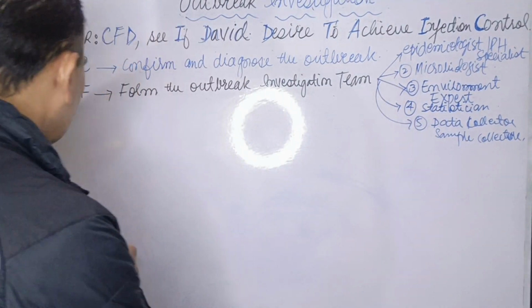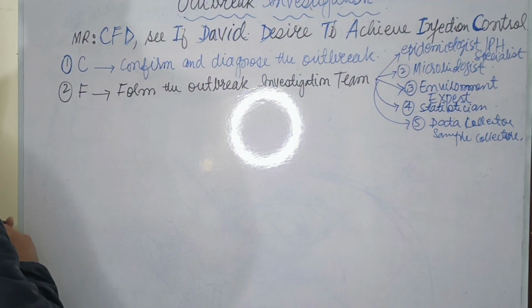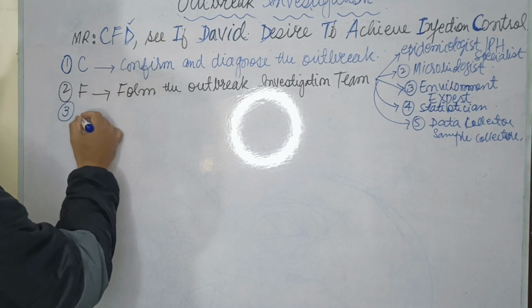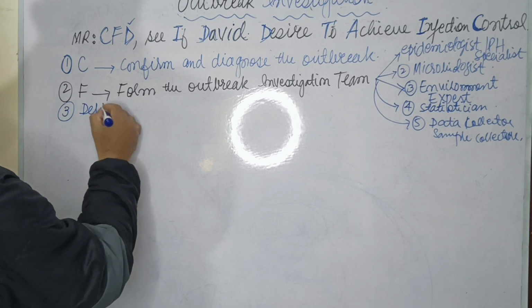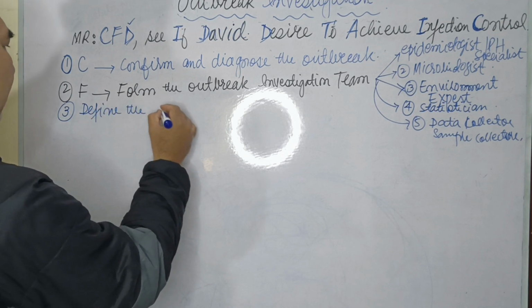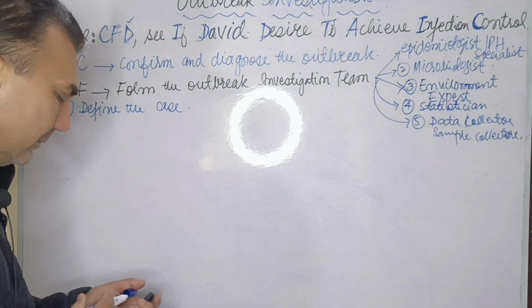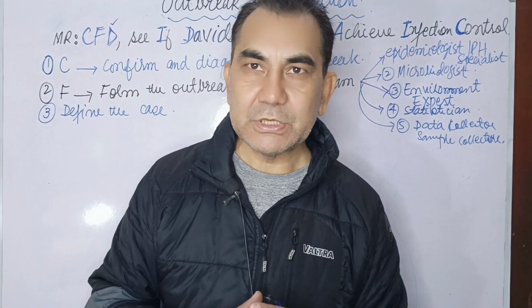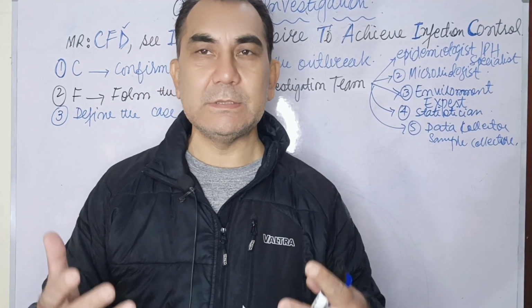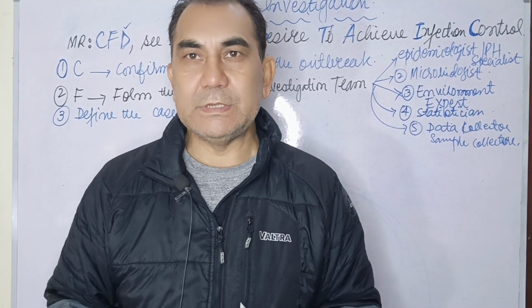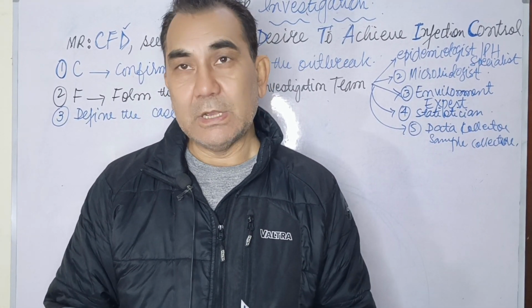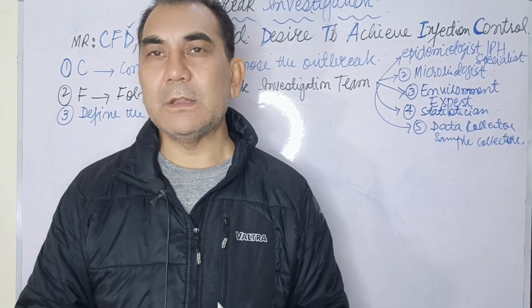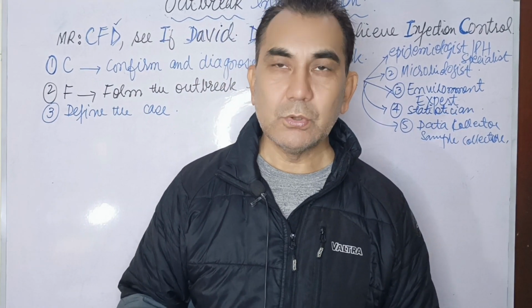Now the third is D, in the mnemonic. D is define the case. Before conducting the outbreak investigation, you should define the outbreak disease, whether it is gastroenteritis, diarrhea, dysentery, or typhoid.